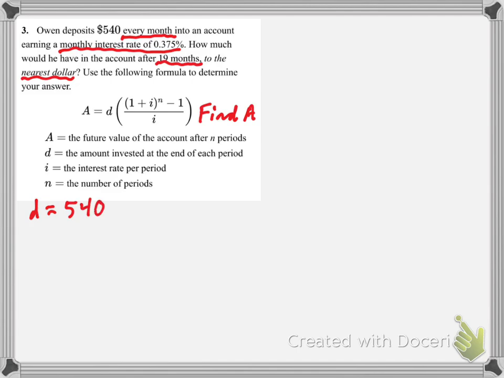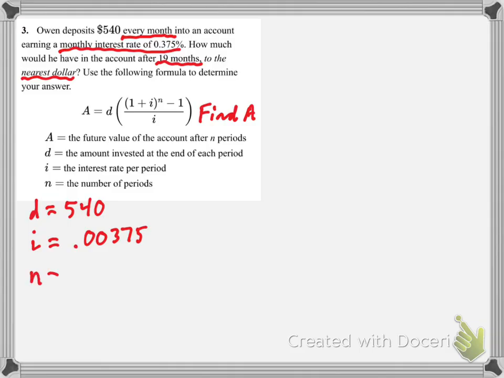Now, I, the interest rate. It's already 0.375%, but I got to move the decimal 2 to the left. So now it's going to be 0.00375. And again, I don't have to do anything to that number because everything is in months. In the last problem, it compounded every quarter, but it had an annual interest rate, so the times were different. That's why we had to adjust.